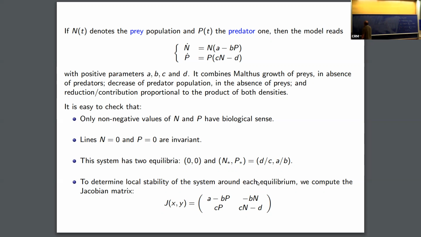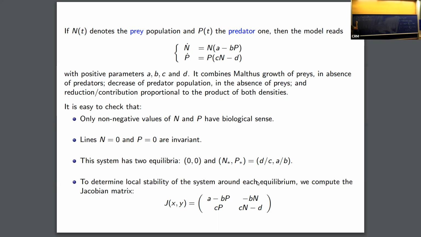And this is the case. So I have this is N' = N(a minus b P), and this is P' = P(c N minus d).